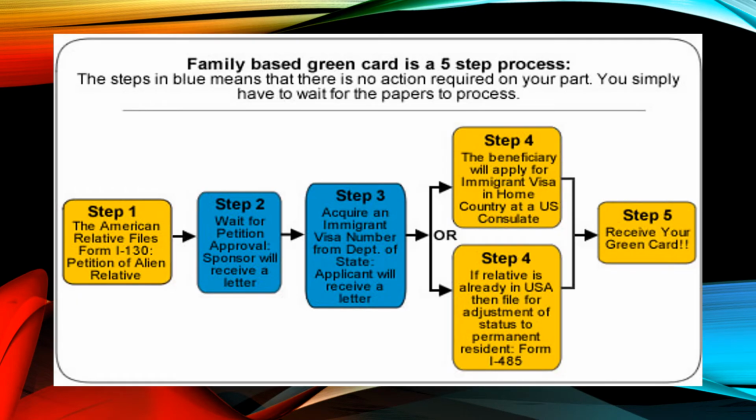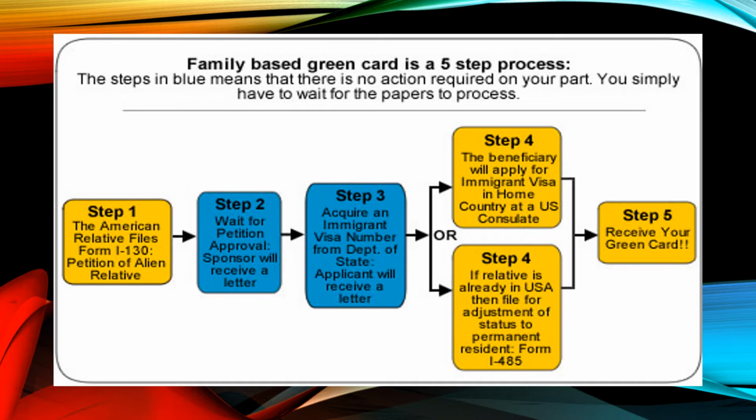There are 5 steps to obtain a family-based green card. Step 1. The American relative, either a U.S. citizen or a lawful permanent resident, files Form I-130. Step 2 is a waiting period. The parties are waiting for the petition to be approved. Step 3. The immigrant receives a visa number from the Department of State.